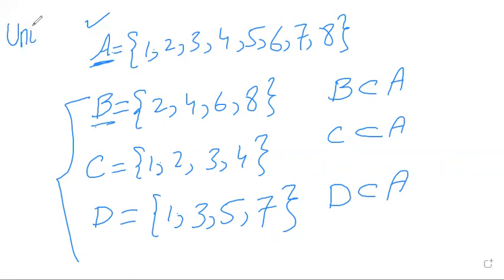What do we call that? Universal. I will say the set is the universal set. Okay, if a set is the universal set of all the other sets, in your IGCSE, usually the symbol for universal is like that.